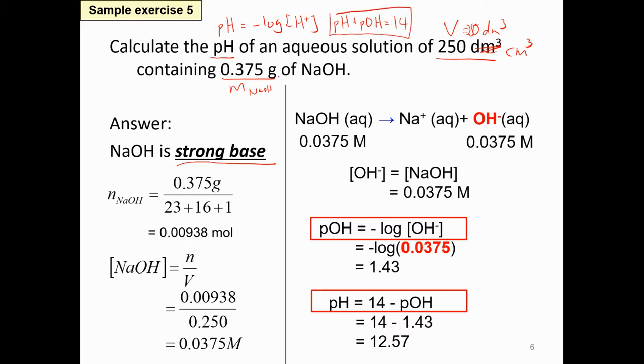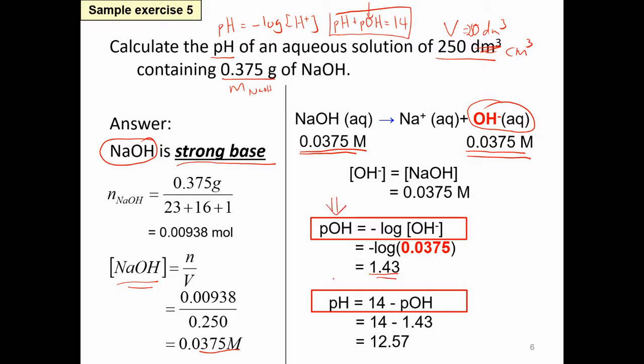Okay, so how do we find pH? We need to know pOH because sodium hydroxide is a base. So find the number of moles and then find the concentration of sodium hydroxide. From the concentration of sodium hydroxide, we can find the concentration of hydroxide ion, and then we can find pOH.